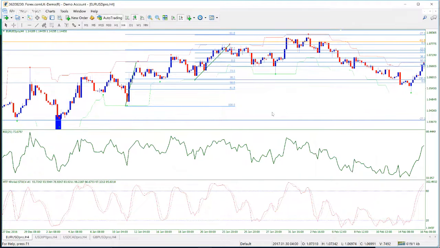This is why you will regularly see this 0.272 act as either a magnet or an inflection point, because a lot of near-term algorithmic programming is done based upon that expansion level. Okay. So it's a good one to watch.